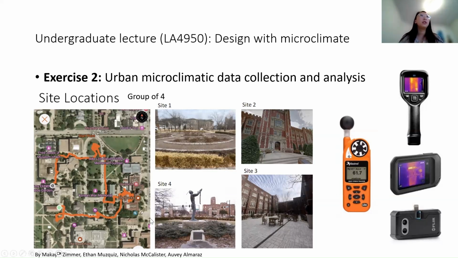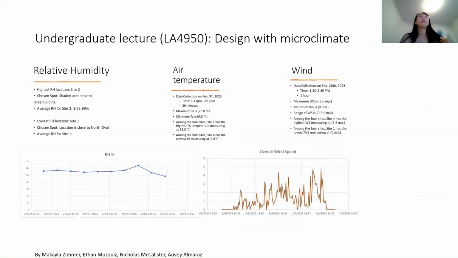For example, this is one group, and they select 4 major sites for their exercise. They walk through the campus, and they hold the Kestrel to record air temperature, wind, and humidity. They also use the thermal camera to measure the terrestrial radiation data.